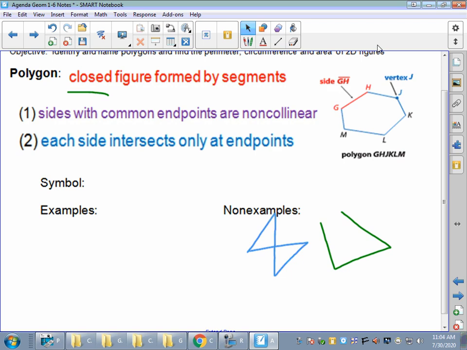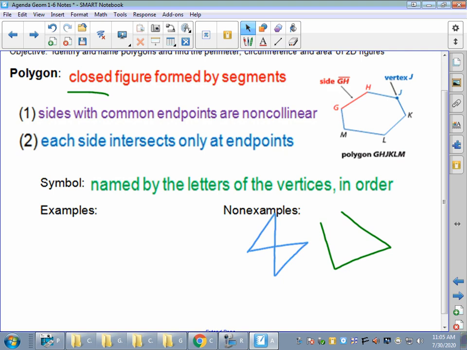The symbol, I don't know if symbol's the right word, I should have said named by. This is named by the letters of the vertices in order. It doesn't matter where you start and where you end, but you have to go in order. It's like if you were tracing around the outside of it with a pencil, you can't skip. So notice right here, it's already written out.